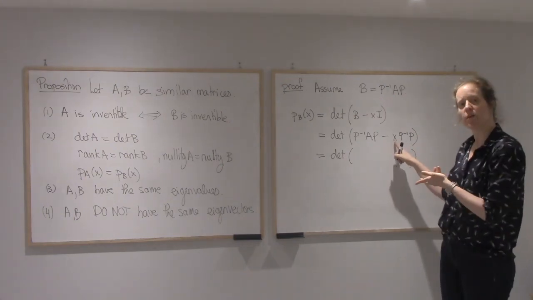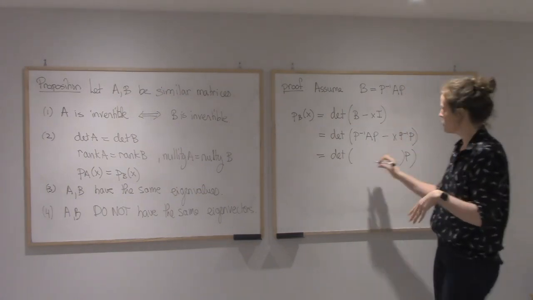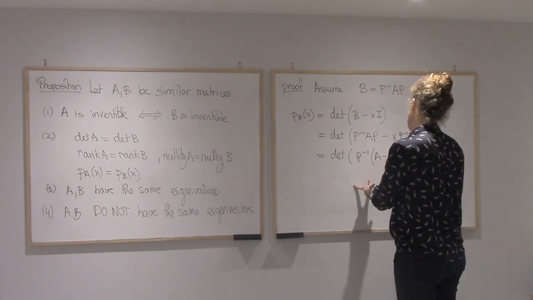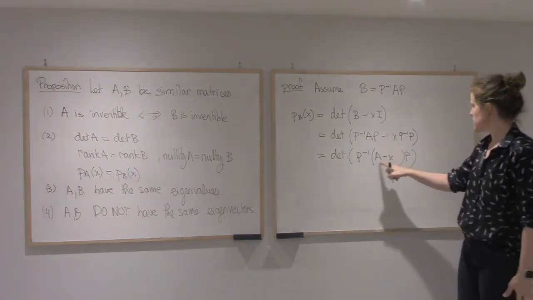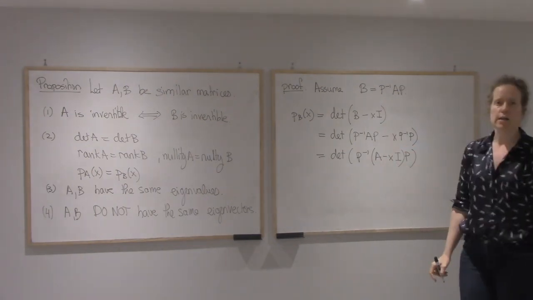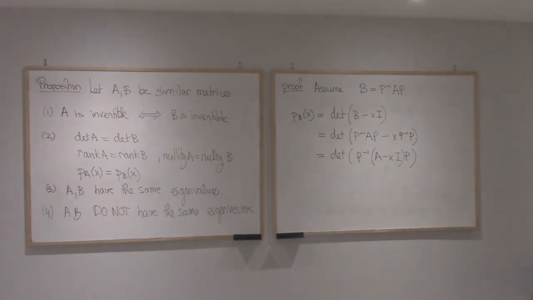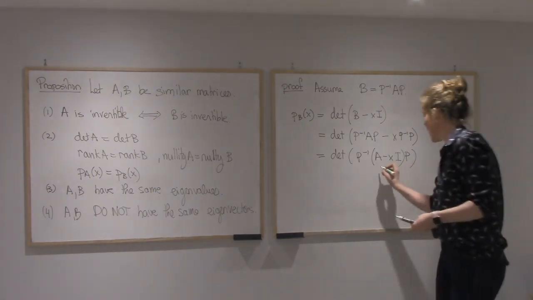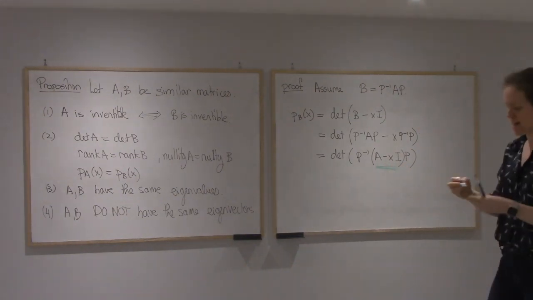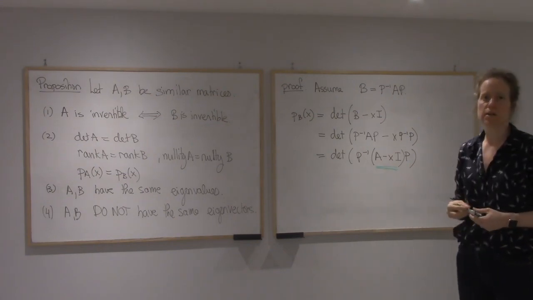This x is just a variable that represents a real number, so the matrix can move past it. And then, because I'm factoring all the matrices out, I'm going to need I to reappear here. Alright, so this is good. It's good because I have exactly what I want here, A minus xI. I just need to figure out what to do with P inverse and P.